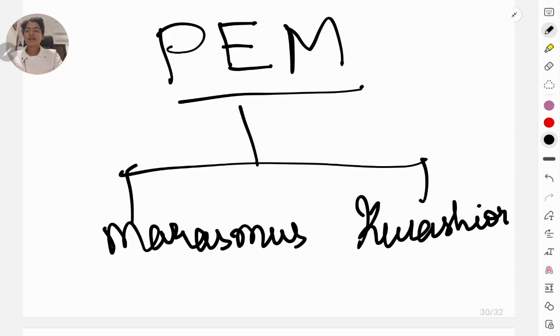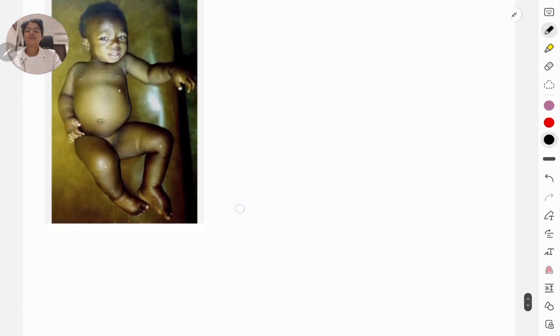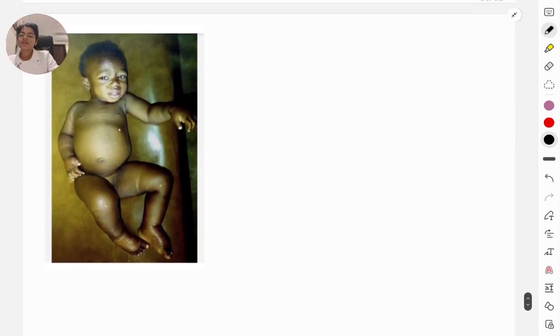Now in PEM, looking at this picture, can you tell me, is it marasmus or kwashiorkor? Obviously we can see what the symptoms are. Let's see. The baby is having edema. It is a swollen part.